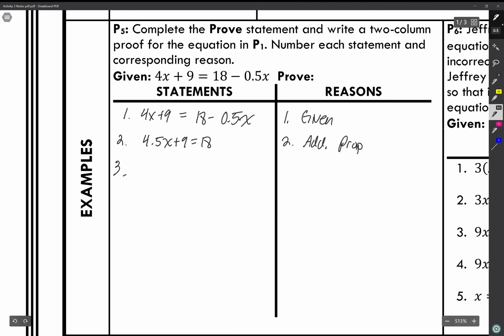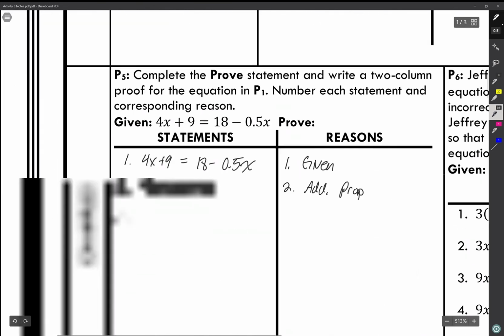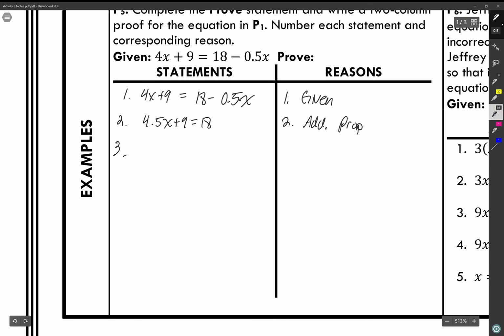So step 3, we subtracted that 9 from both sides, and we said that was by the subtraction property of equality. So we got 4.5x is equal to 9 by the subtraction property.